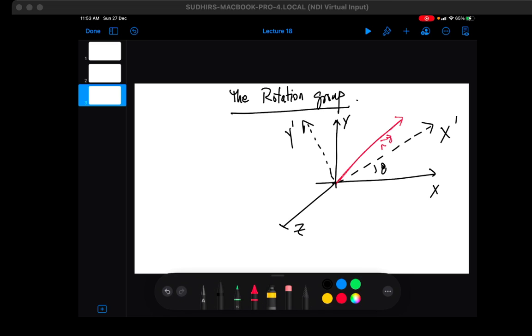In 2 dimensions, if we just consider 2 dimensions, this rotation group is nothing but cos theta, sin theta, minus sin theta, cos theta.